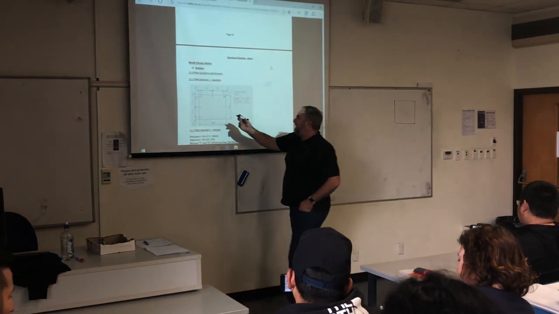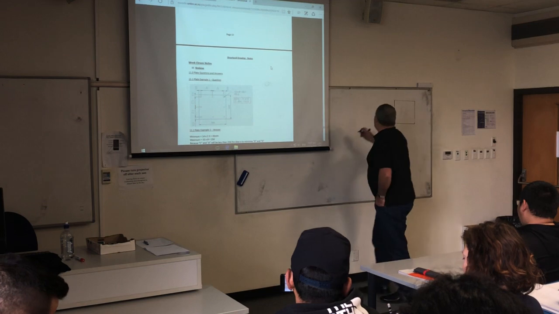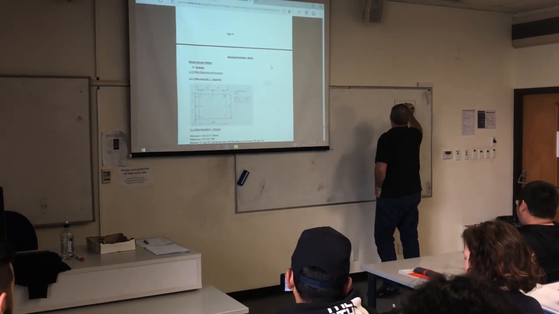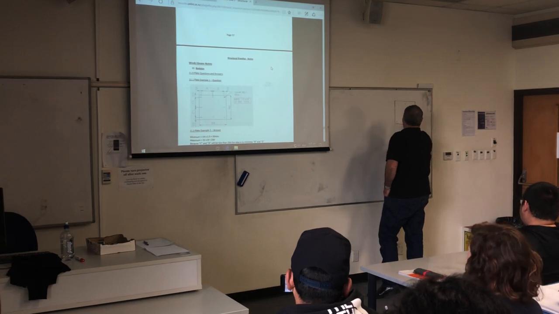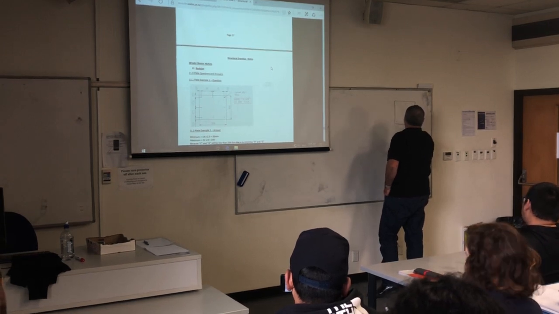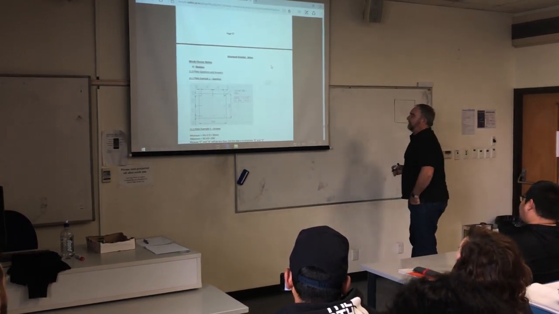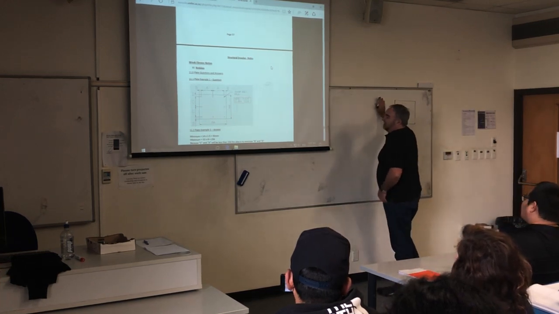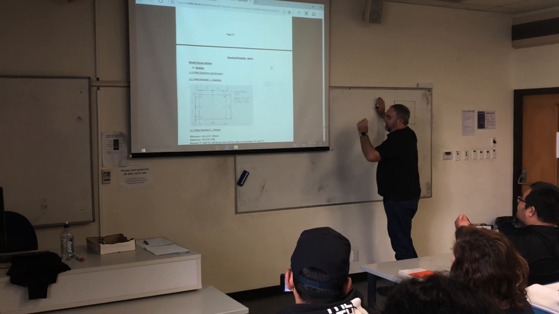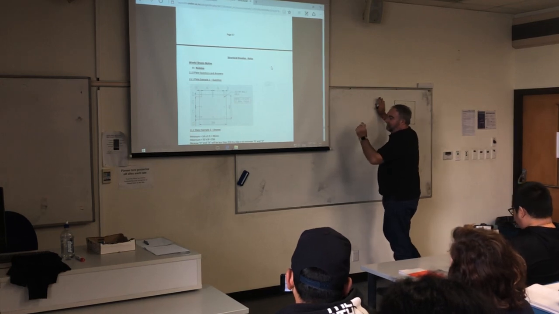So looking at this one here, we've got 9 bolts. That's what the engineer's proposed. And he's saying that there's a 16mm bolt hole. Now that's a hole, not a 16mm bolt.